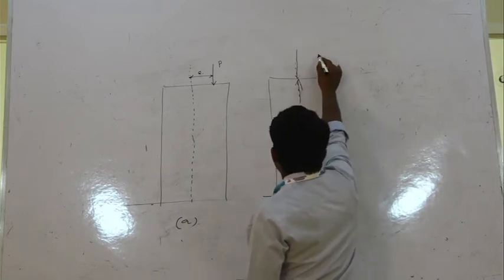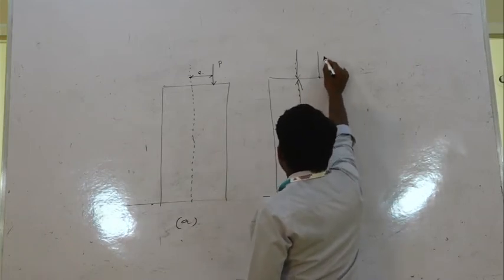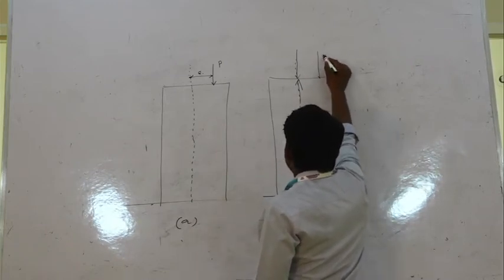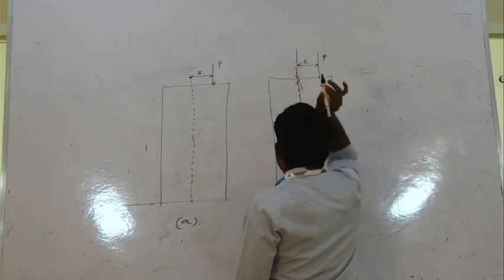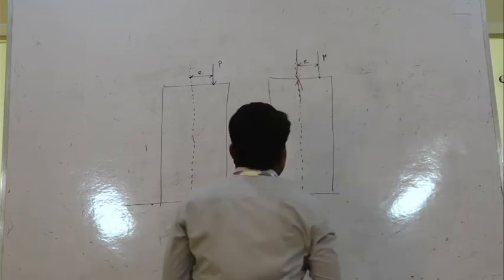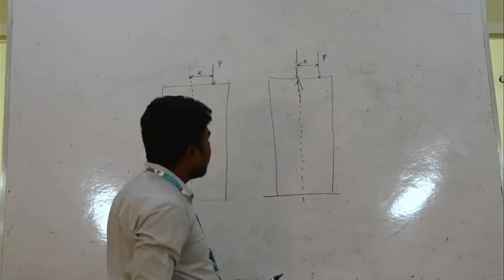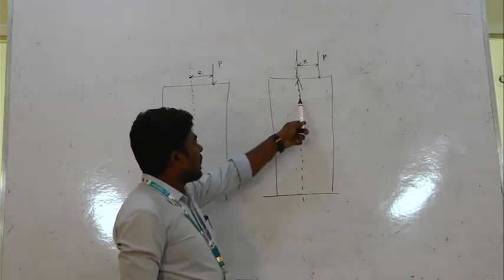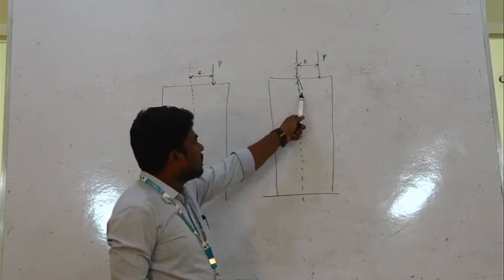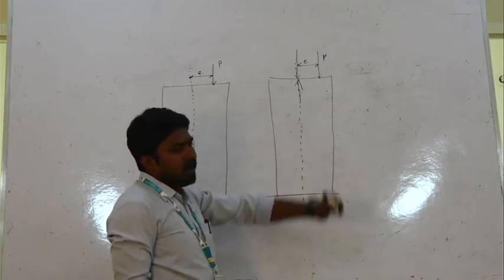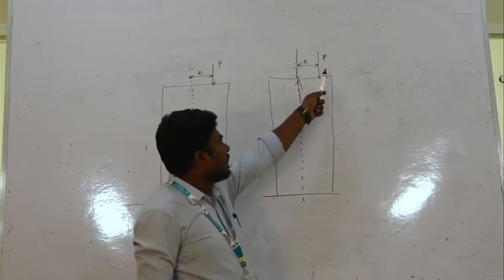So our eccentric load P has eccentricity e. Here there are three loads: an axial compressive load, an axial compressive load, and an axial tensile load, counterclockwise of the axial compressive. Here it is the eccentric load.